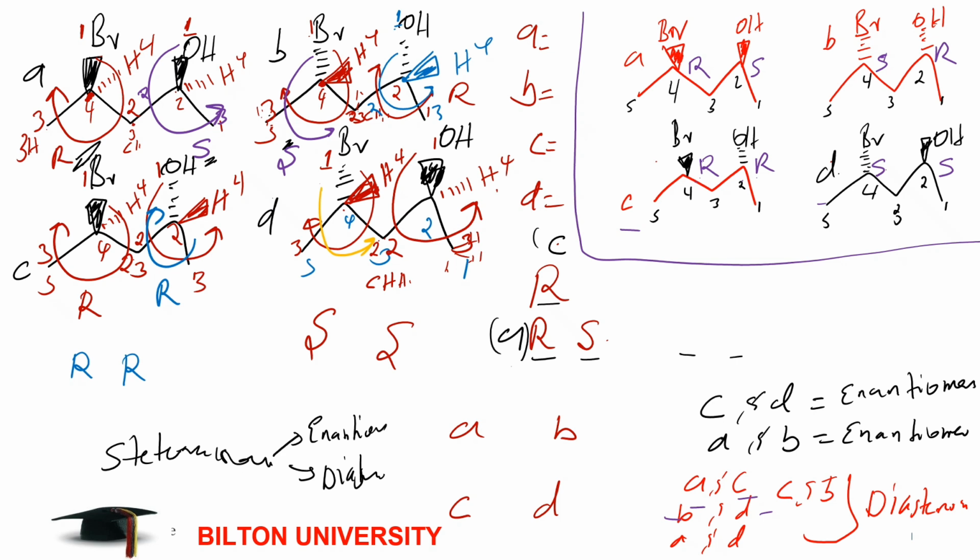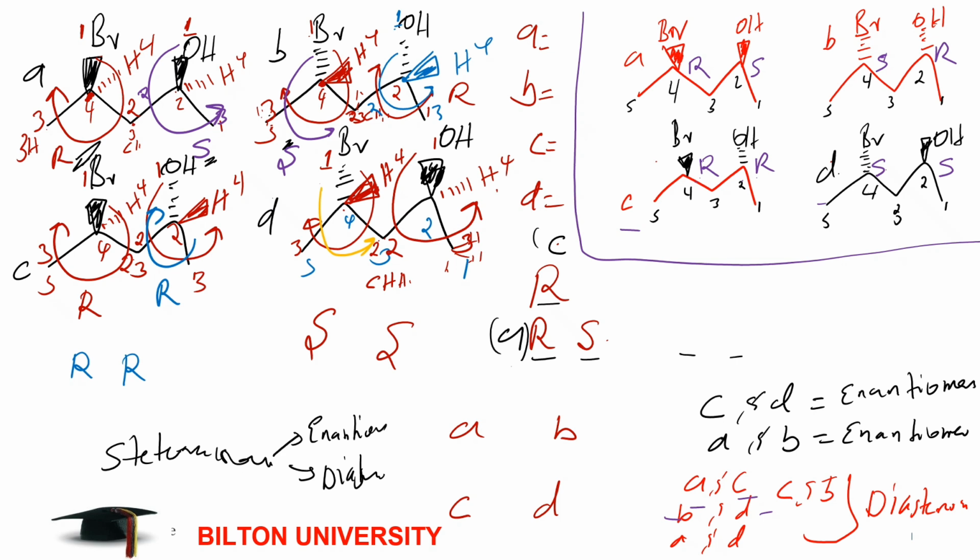Carbon number 4 is R in A and it is S in D. So there's a change of configuration. While carbon number 2 is S in A and it is S in D. So that one has not changed. So those ones are diastereomers.